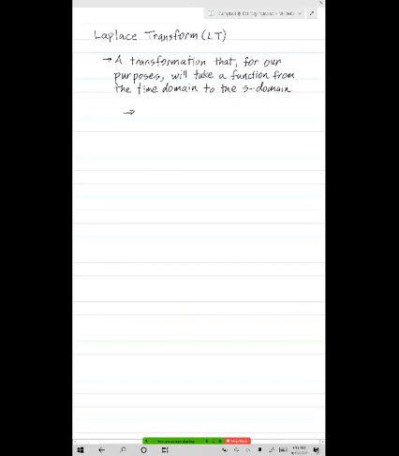So in order to do that, clearly we need to understand what that transformation is.